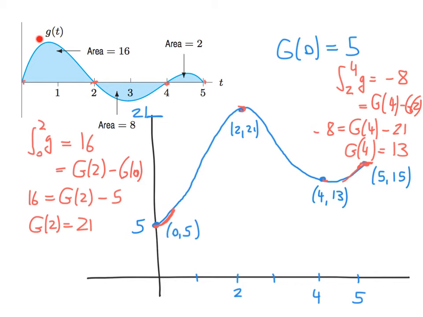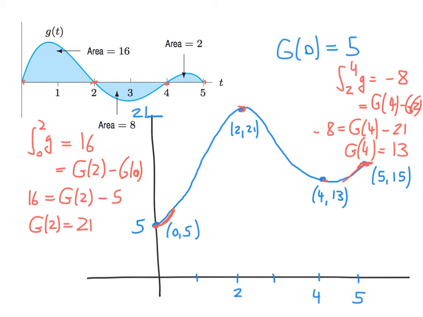That would mean at this point the derivative of little g would be 0, which in turn means that the second derivative of capital G would be 0. That means there would be an inflection point here. So somewhere just before 1, there would be an inflection point. And same thing here, just at about 3, there would be an inflection point in capital G. But this is not really asked here. It's just to give an idea of the graph.